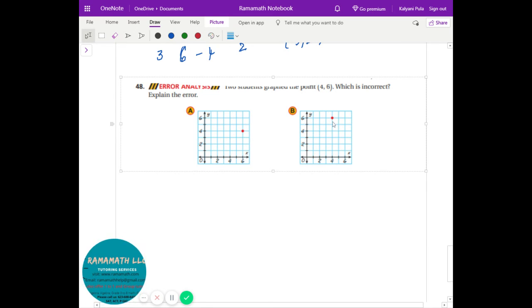So then it would be 4, 6 as the ordered pair. That's right, 4 comes first. But in A, it shows x is 6 and then y is 4. So the ordered pair would come out 6, 4. Right. So the ordered pair here is 6, 4, and this is 4, 6. Because x always comes first and then y is next. Does that make sense? Good.